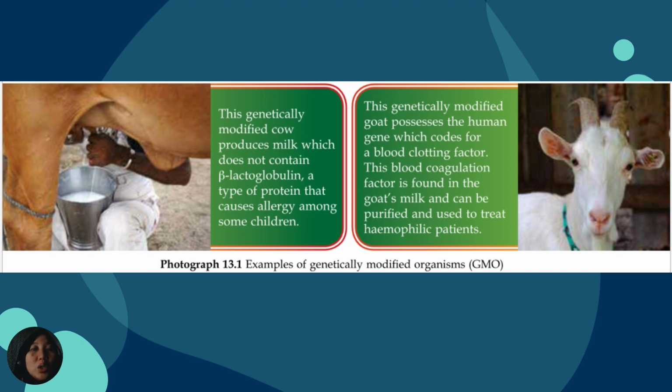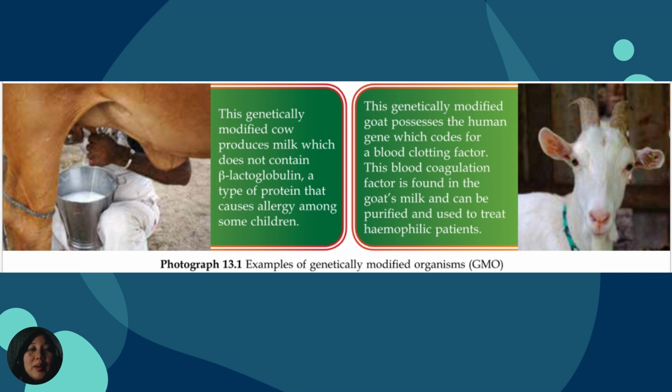This blood coagulation factor is found in the goat's milk and can be purified and used to treat hemophilic patients. What is hemophilia? Hemophilia is a disorder where a person with hemophilic traits has blood that cannot clot easily.